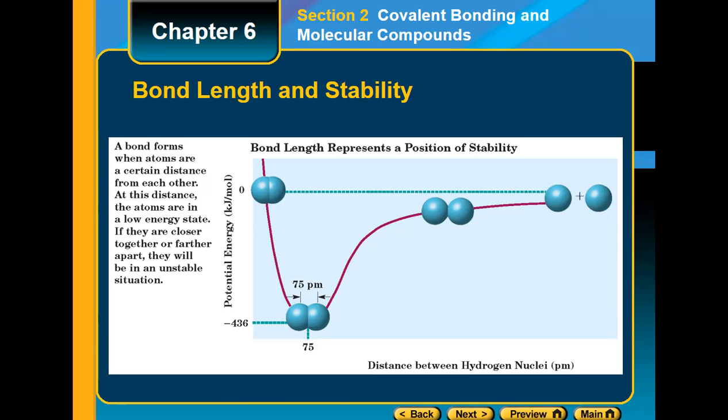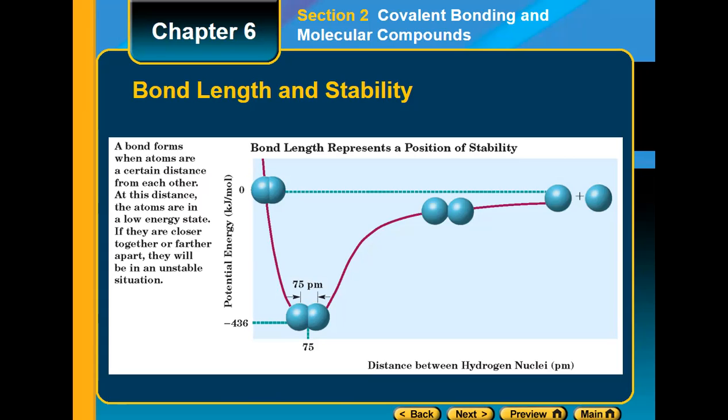So there is a relation between the bond length and the bond energy, but it depends. It's not a must that as the bond length increases, the energy decreases. It depends on the kind of molecule we have.